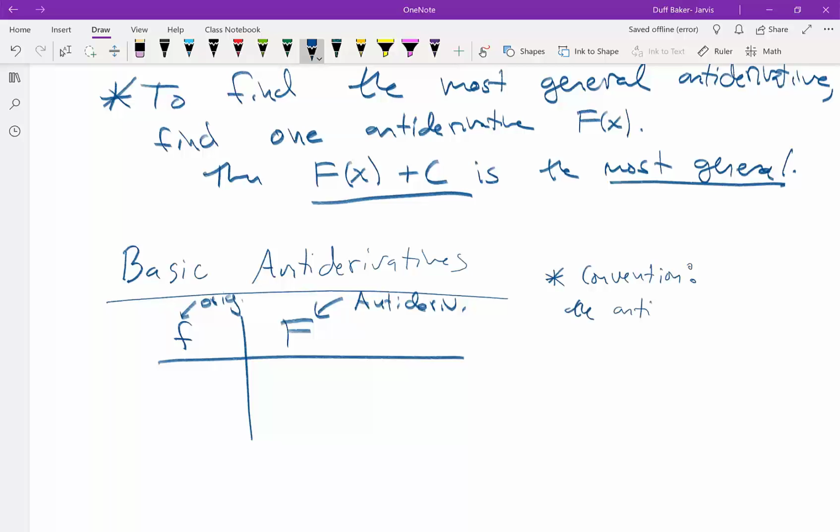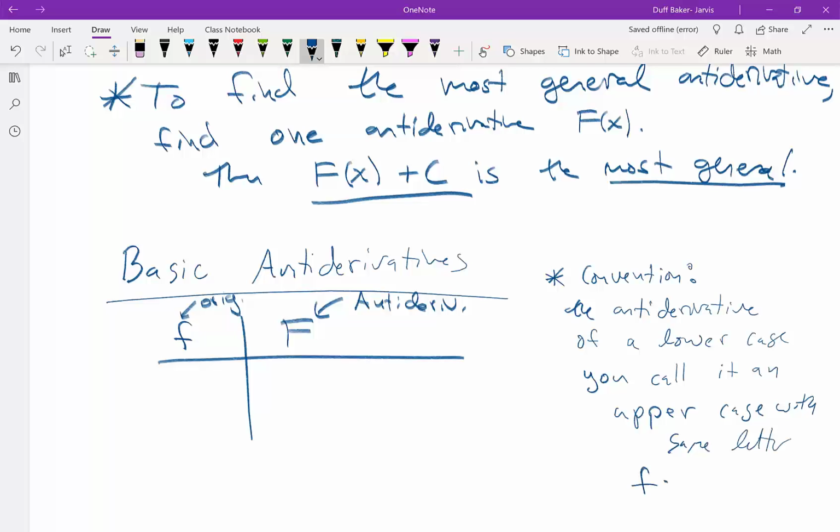And it's not always the case, but it's quite common that if you take the antiderivative of a lowercase letter, you call it an uppercase. So like if you're taking the antiderivative of a lowercase f, you get the capital F, with the same letter.